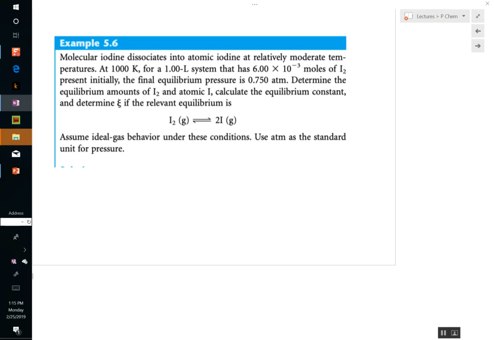Determine the equilibrium amounts of diatomic iodine and monatomic iodine, calculate the equilibrium constant and determine the extent of the reaction if the relevant equilibrium is this. One iodine molecule dissociates into two atoms. Assume ideal behavior.